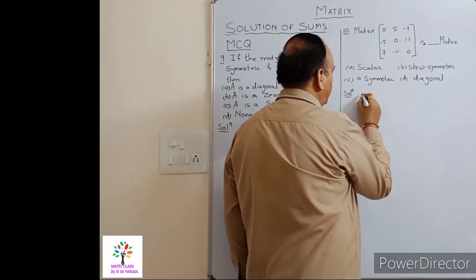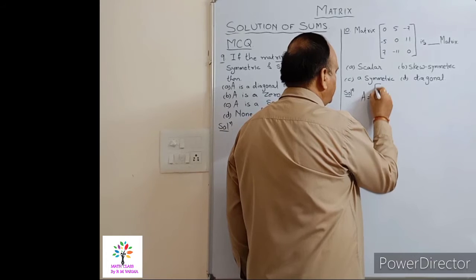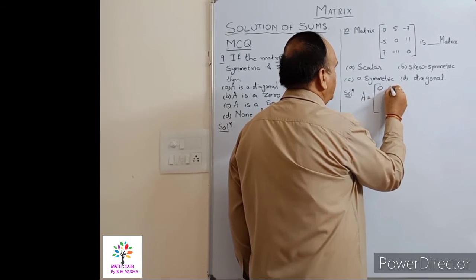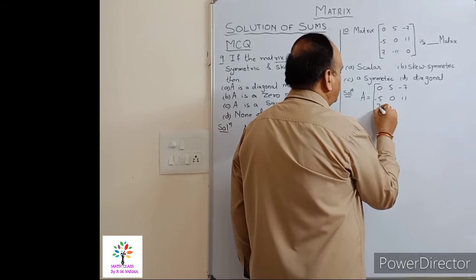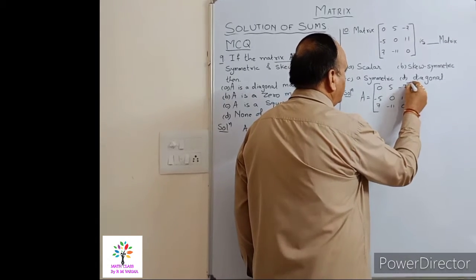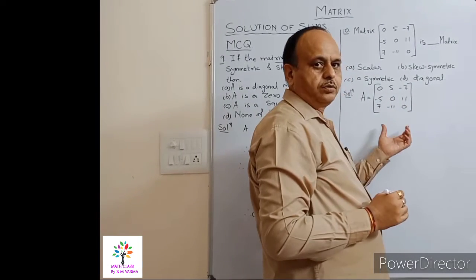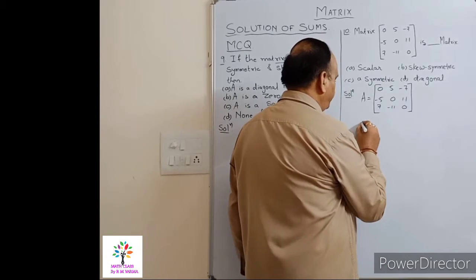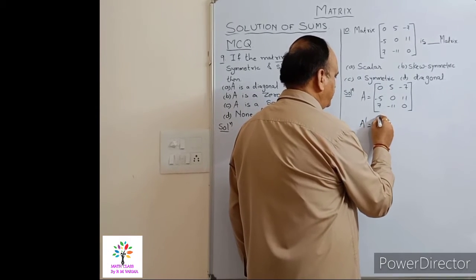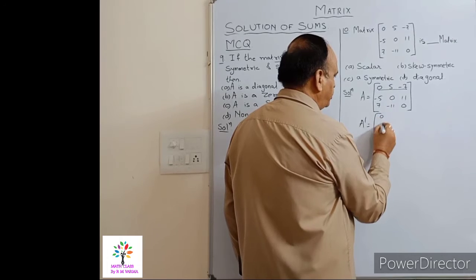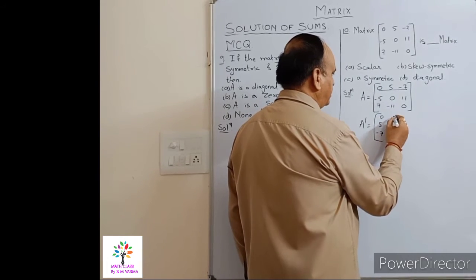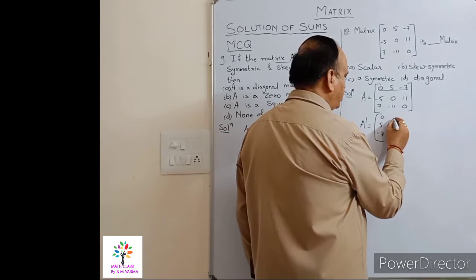Considering this as matrix A equals, I write down again, now I find out A transpose. A transpose equals, first row converts into first column. So 0, 5, minus 7. Second row, second column.